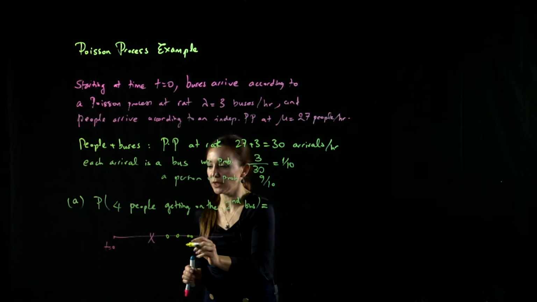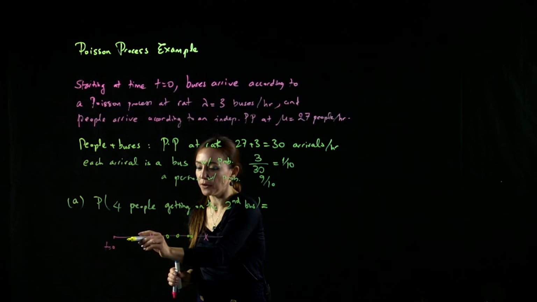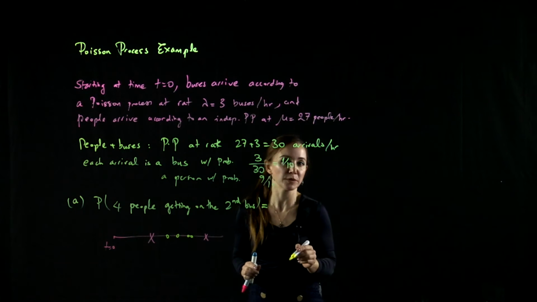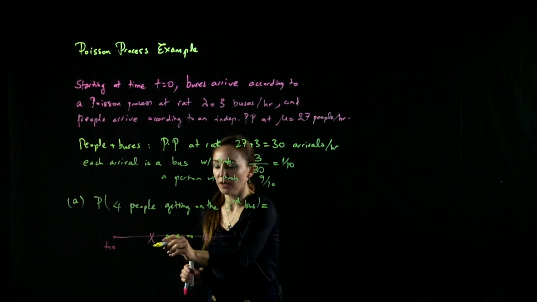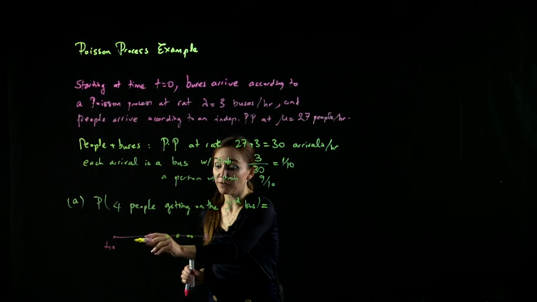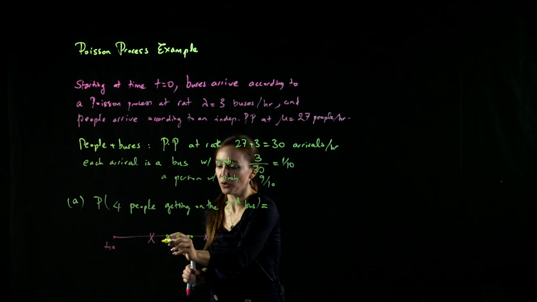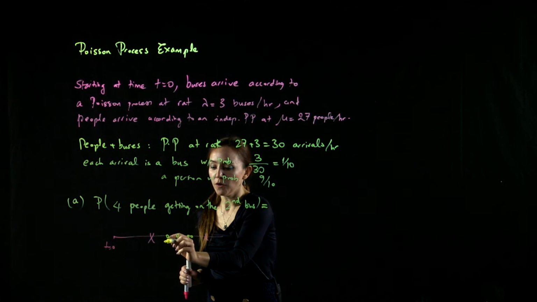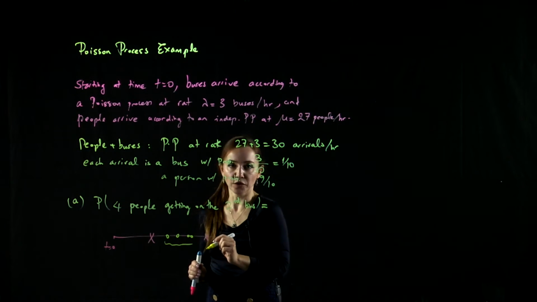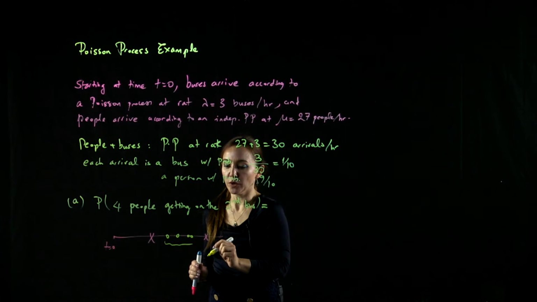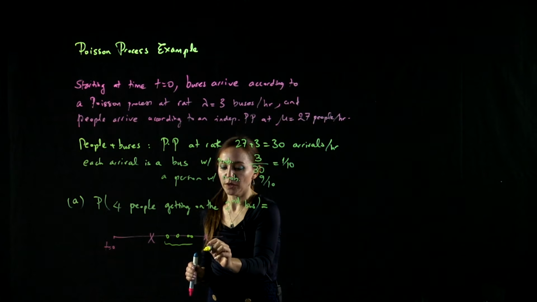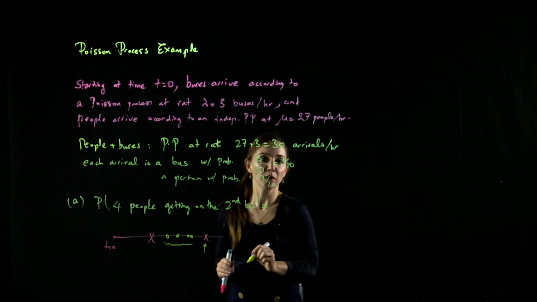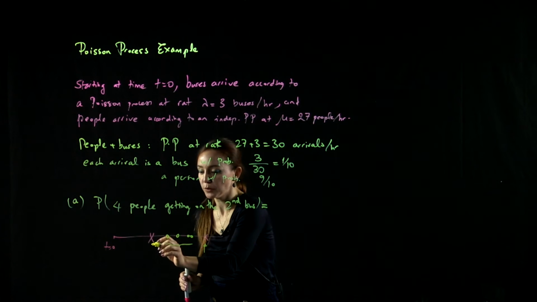We don't really care how many people arrive before the first bus because they will have got on the first bus and left, right? So we're only interested in the event that there are 4 arrivals from people after this point.